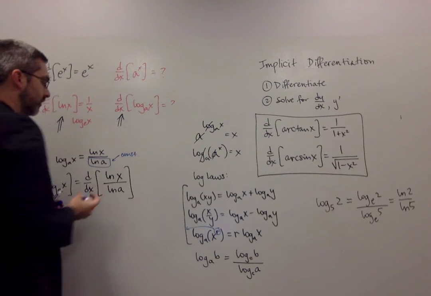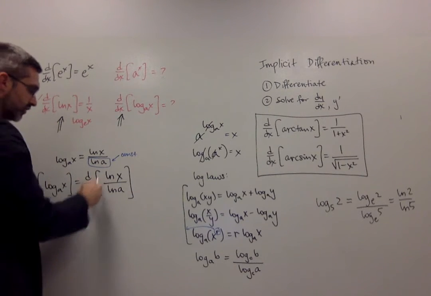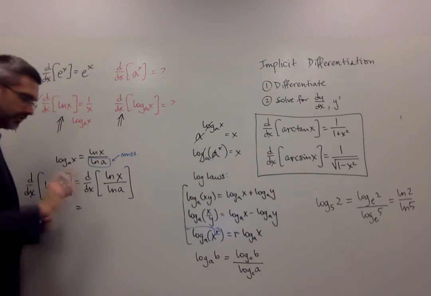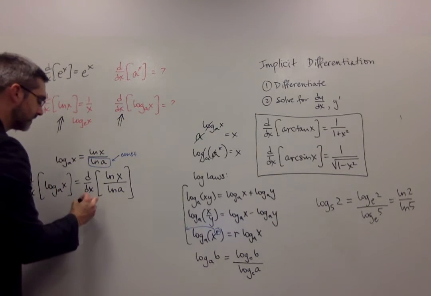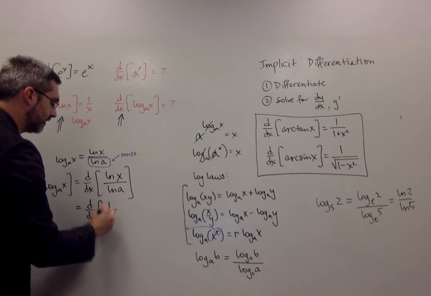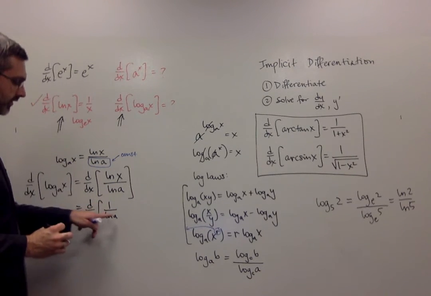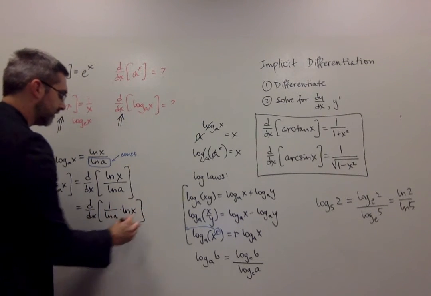So if I want to differentiate this function, please don't use the quotient rule. You guys hear me say that sometimes. There's got to be an easier way. In this case, 1 over a constant is just a constant multiplied onto natural log.